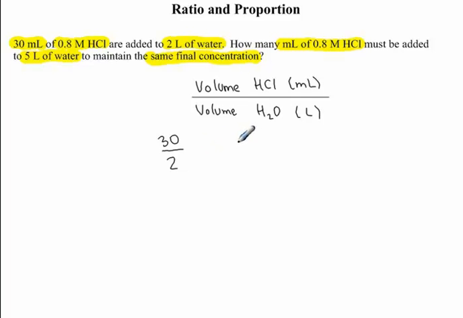In our second ratio, we don't know how many milliliters of HCl we need. So our numerator is unknown, which I will denote by writing an X. Our denominator, however, will be 5, since there are 5 liters of water.